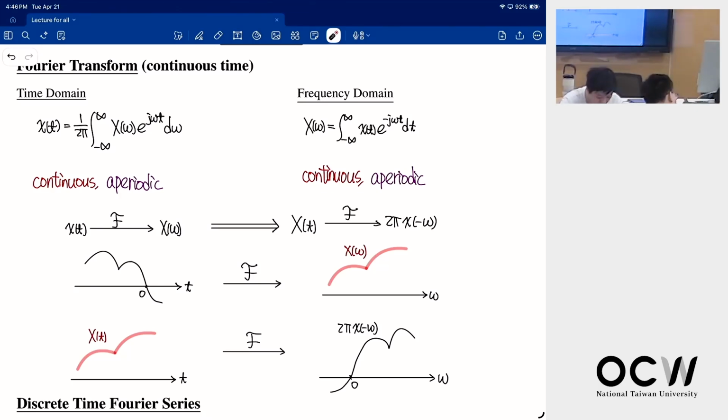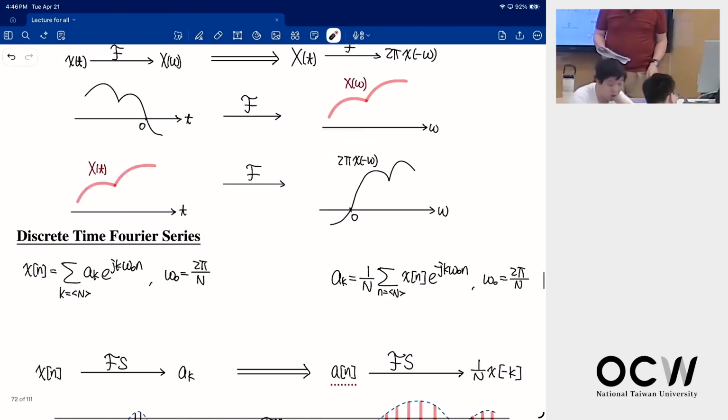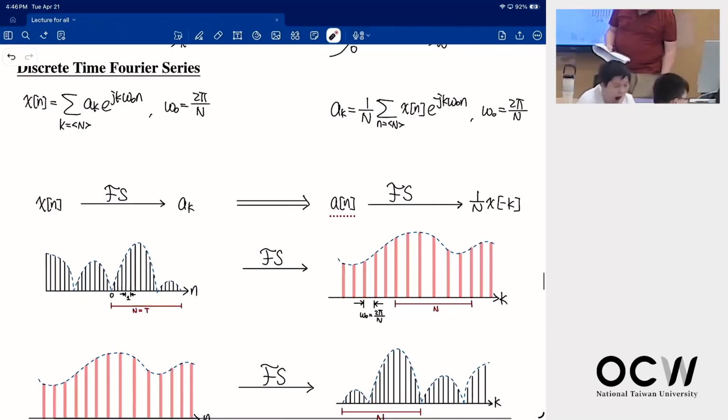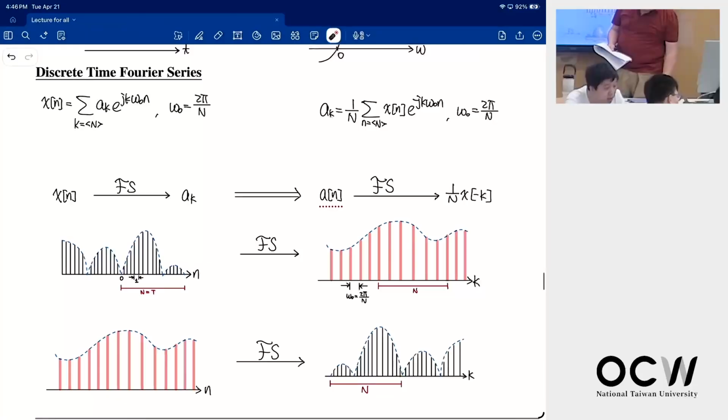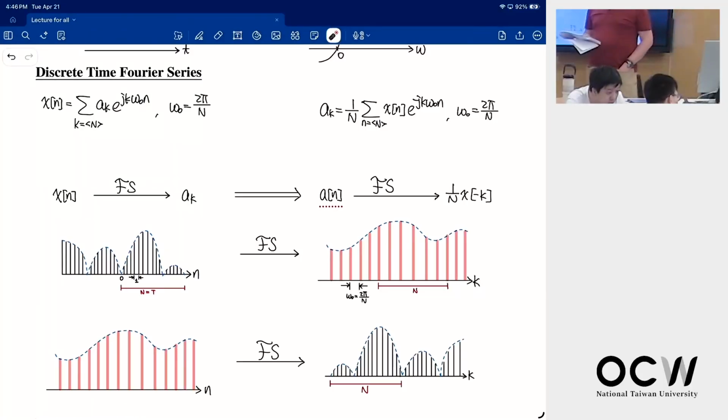Next, let's see the discrete time Fourier series. For discrete time Fourier series, well, at least first, it is not continuous, it's discrete, right?